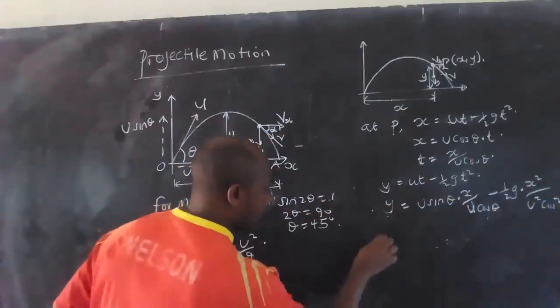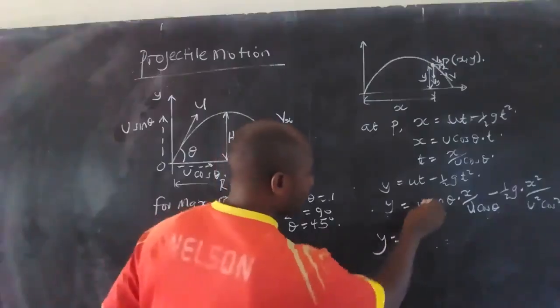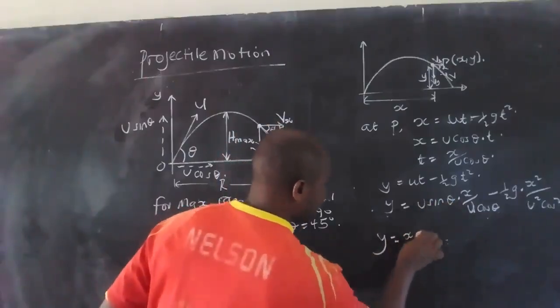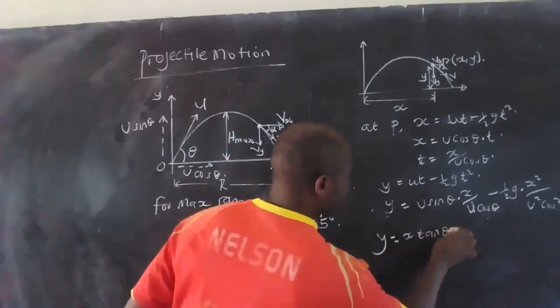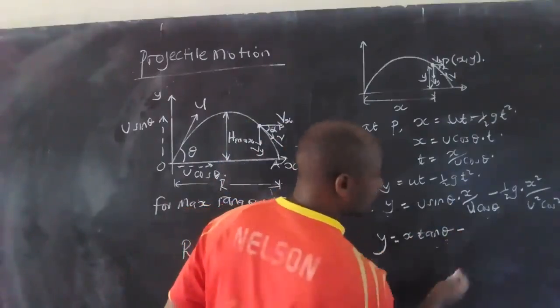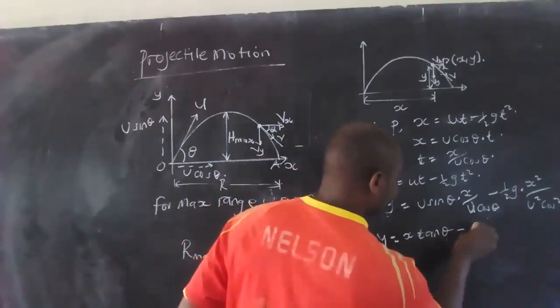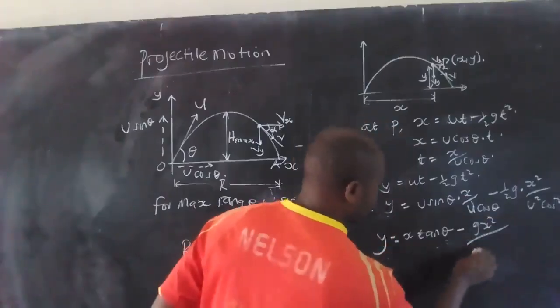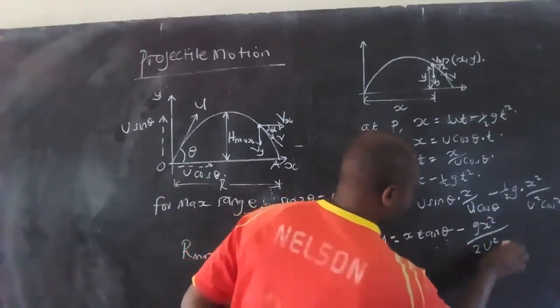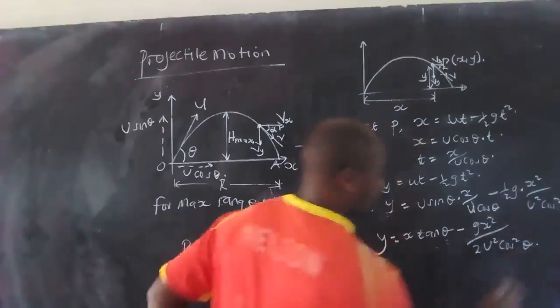So our y is going to become x tan theta minus g x squared over 2u squared cos squared theta.